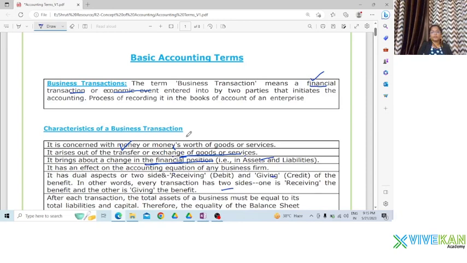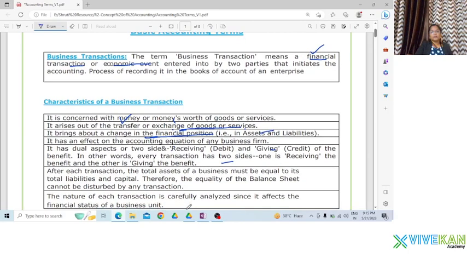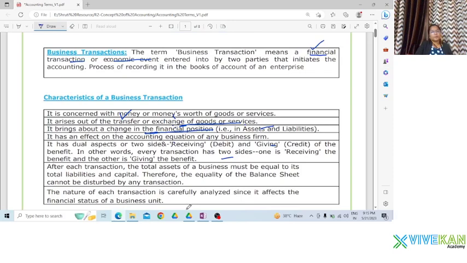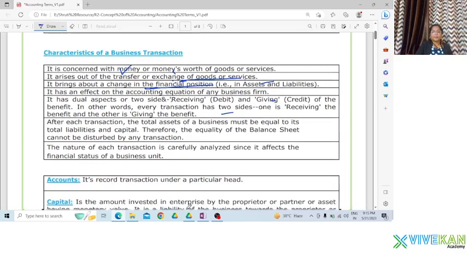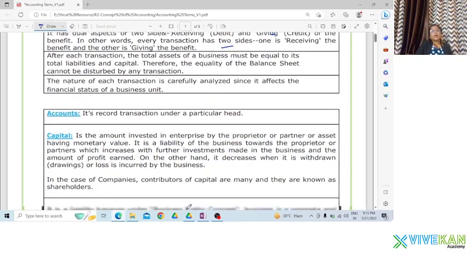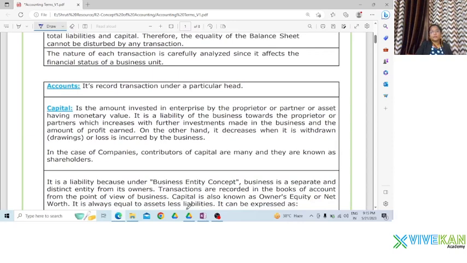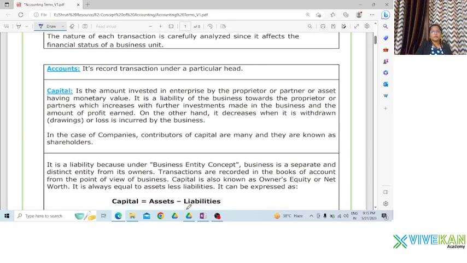This whole definition will become clear. Next, after each transaction, the total assets of the business must be equal to the liabilities. It's quite simple: Asset equals Liability plus Capital. We'll analyze this elaborately when we understand the accounting equation.